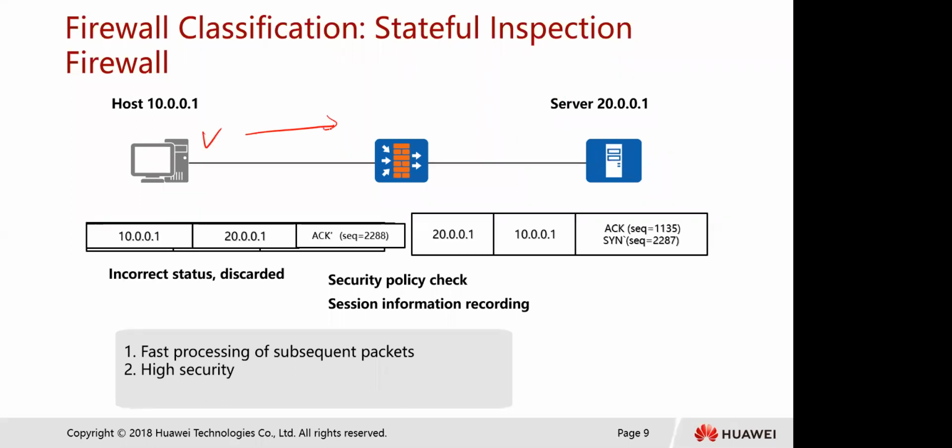One, the client requests; the server responds; and the client then responds that they have acknowledged that the connection has been established, and they need to go ahead and have the packets processed. So this indicates that each data packet does not exist independently, but is closely related to the preceding and subsequent packets. Based on the status association, that's where we come up with this kind of stateful inspection firewall technology.